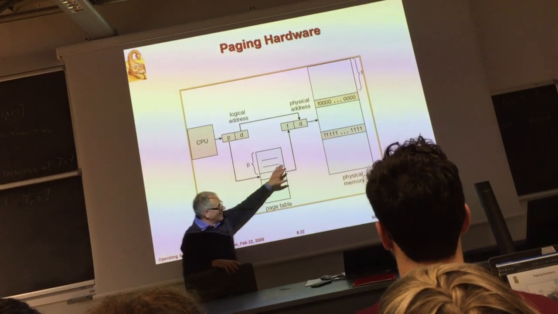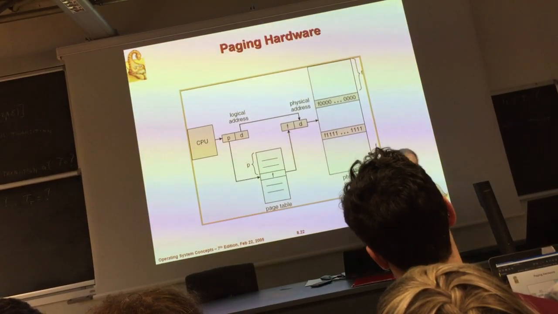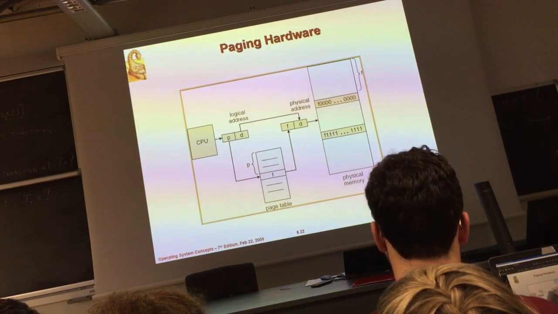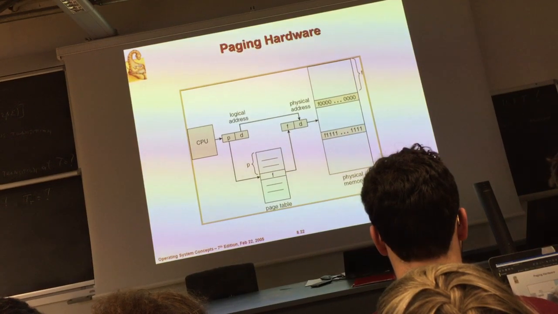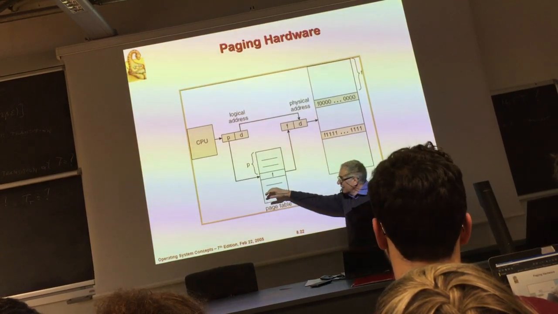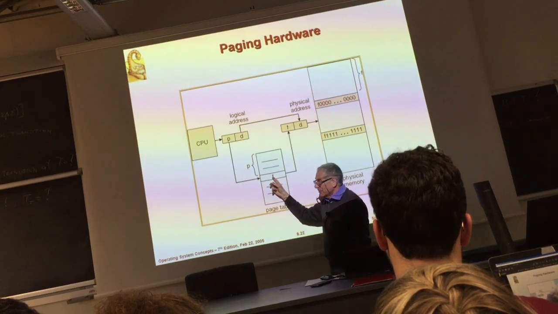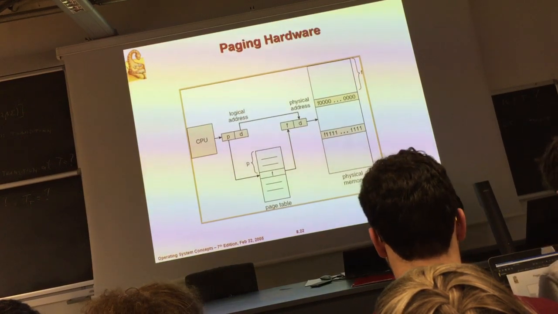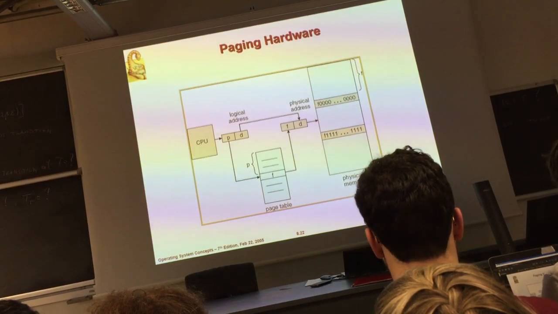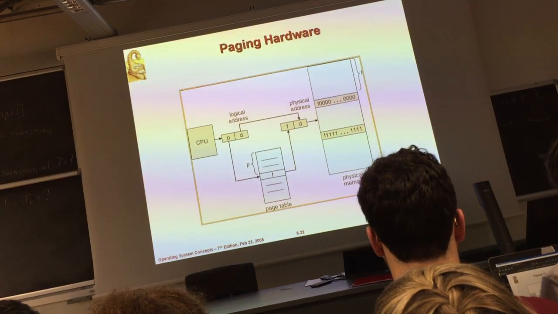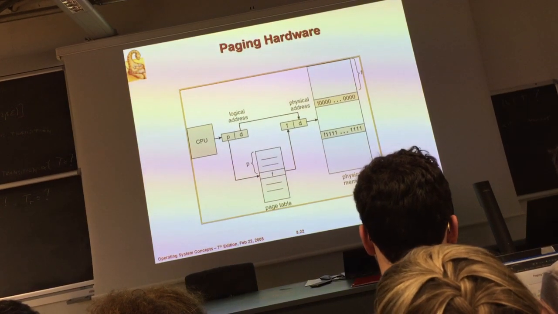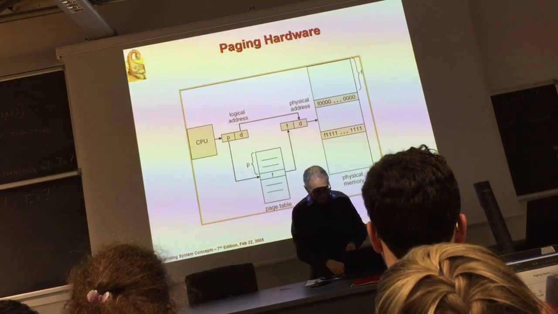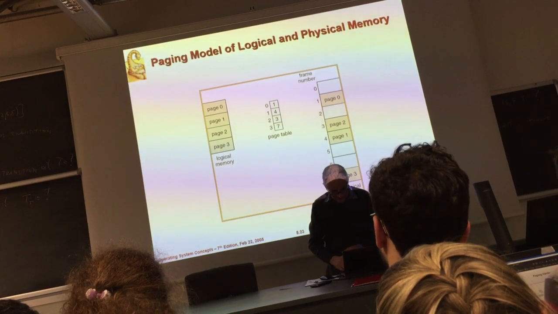So if the access time to memory is say 10 nanoseconds, it will take 20 nanoseconds because you must read this F and then finally the byte. Okay? So this is an overhead of 100%. So it slows down the access to memory by 100%. So this is not acceptable, and so we will see the solution.